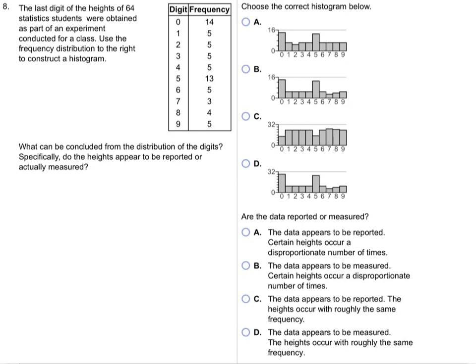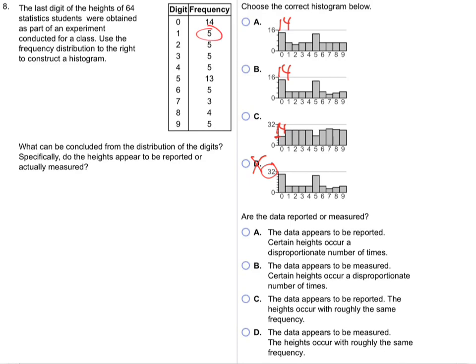It's got to start at 14. Wait, it can't be. D's almost to 32 here. So that can't be, right? D's out? We good? So D's clearly not, whereas this looks like 14. This one sort of looks like 14 also. They made the scale differently, but it still kind of looks right.